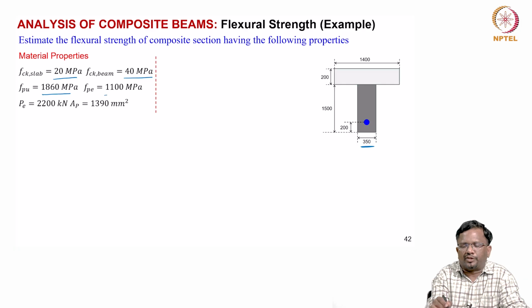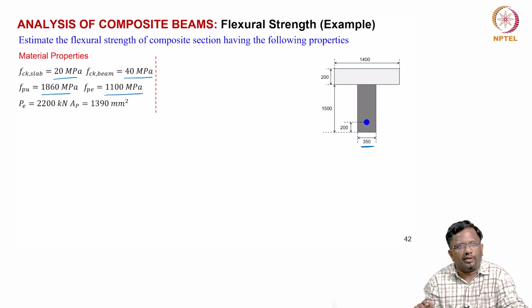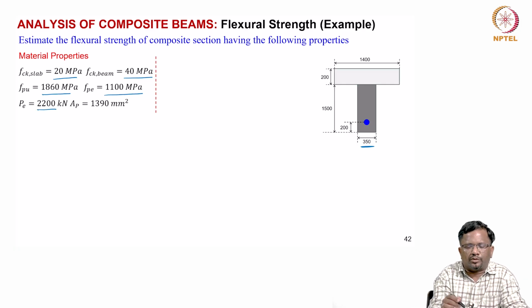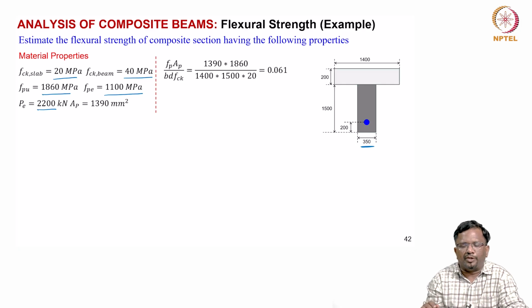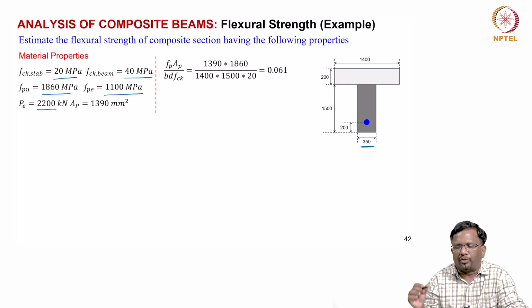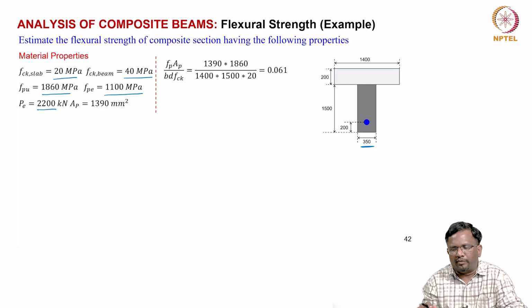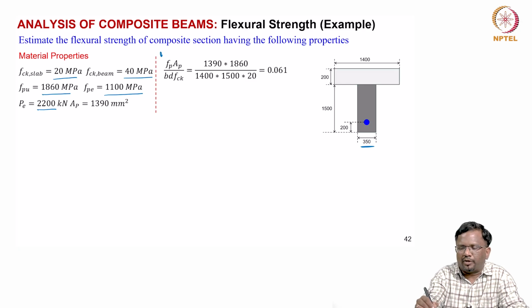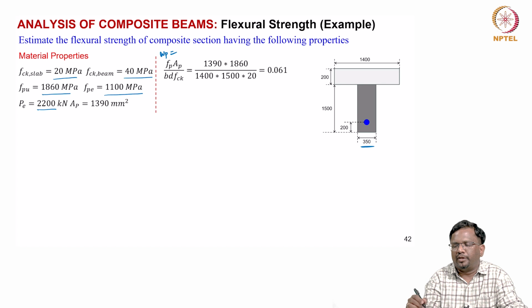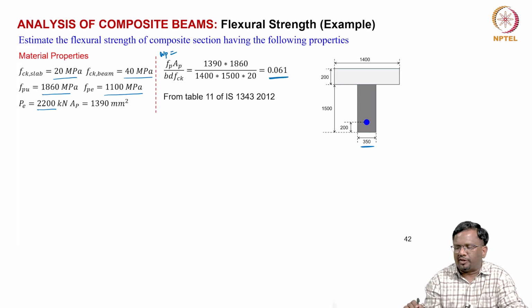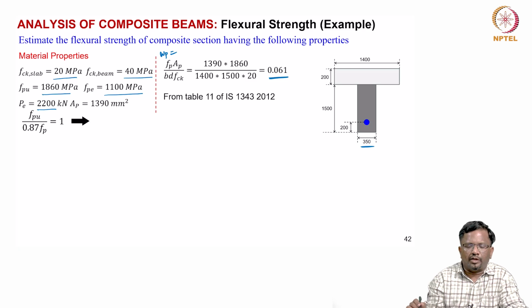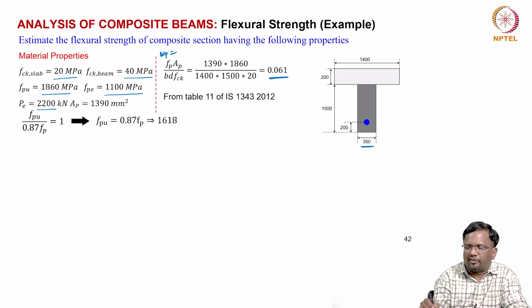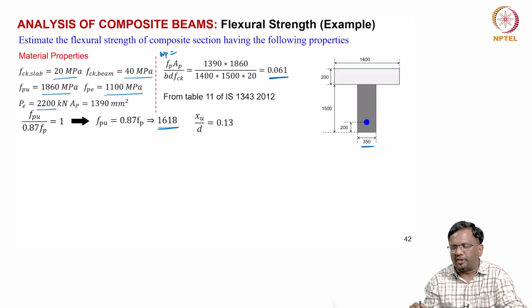For effective pre-stress I am taking a lower value of 1100, so the effective pre-stress force is 2200 kilonewton, and AP is 3090. Again we are going to use Table 11. I calculate the reinforcing index WP, and that works out to be 0.061, and then using Table 11 I get my stress as 0.87 FP, which is 1618 megapascal.